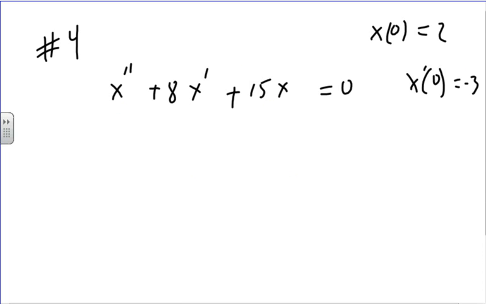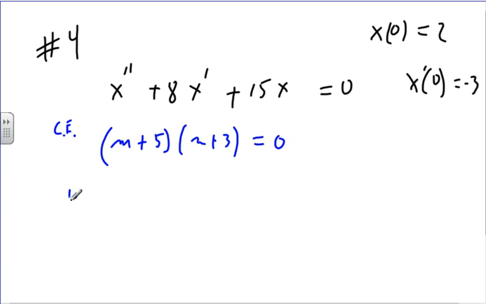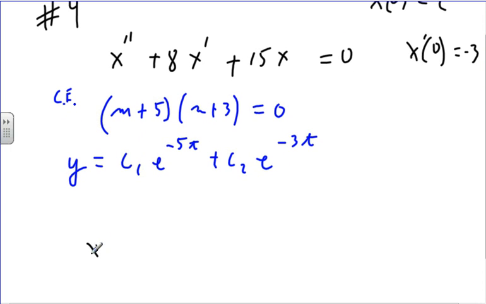So if I use the characteristic equation approach from chapter 2, I can factor it as m plus 5, m plus 3, and I can say x is equal to c1 e to the minus 5t plus c2 e to the minus 3t, and then I could calculate c1 and c2 from my initial conditions. I could do that if I wanted to, but I don't want to because I'm in chapter 4, but I could.